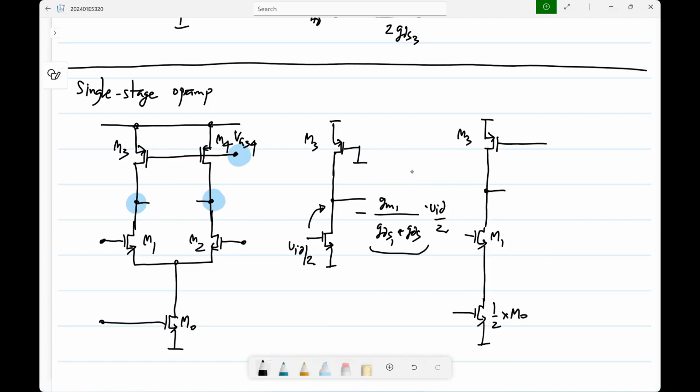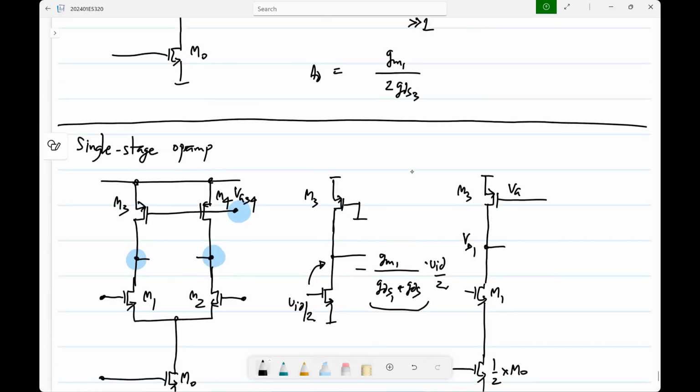And we want VD1 to have some definite known value so that all the transistors remain in the saturation region. And the way to do that is by adjusting this VG3 or VG34.